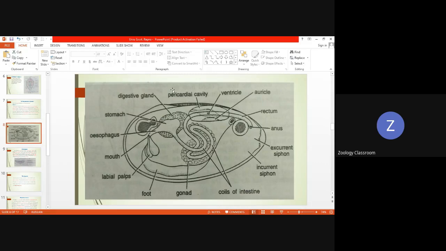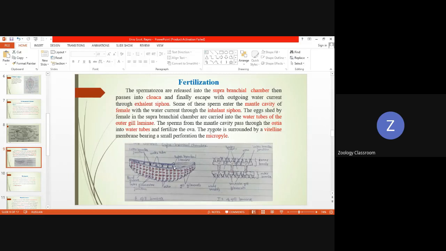But what happens with the female? The female gonoduct releases ova, and immediately they are released in the suprabranchial chamber and carried into the water tubes.